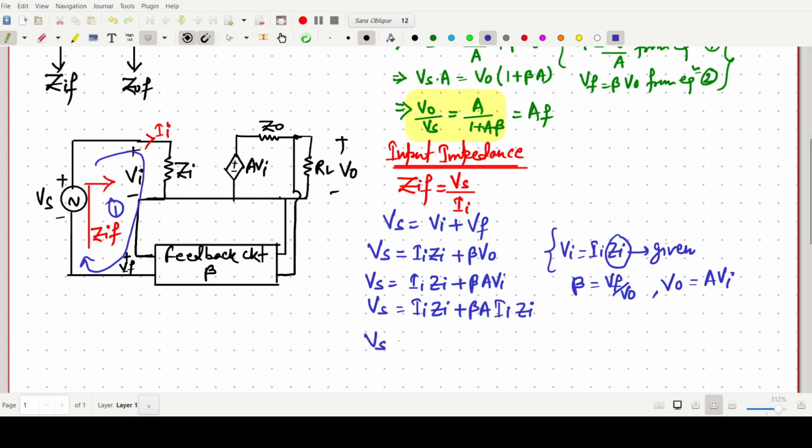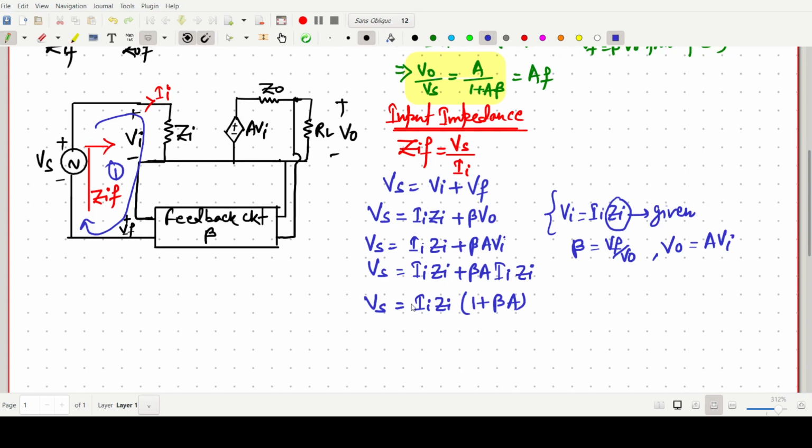So one can write Vs, and if we take Ii into Zi common, one can simply write 1 plus beta A. So the value of Vs by Ii, which is basically our input impedance with feedback, is the input impedance of the basic amplifier Zi times 1 plus beta A.